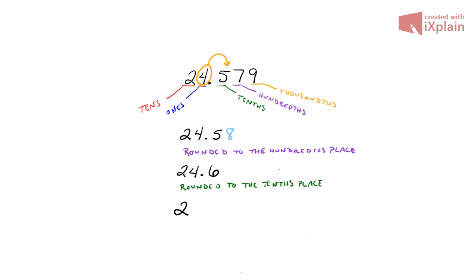But since I have a 5 to the right, I'm going to round up. You could put zeros after it. It's overkill once you start going into decimal place values. So this example of 25 is the rounded form of our number, rounded to the ones place.